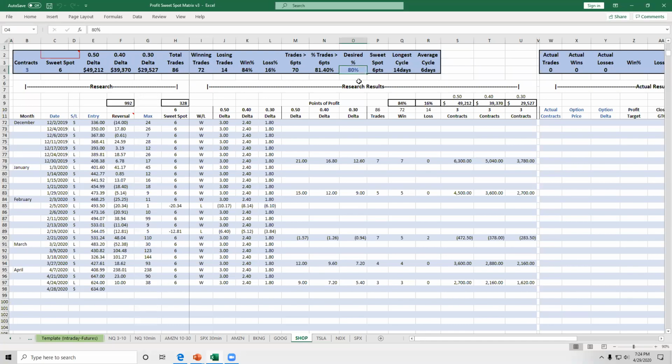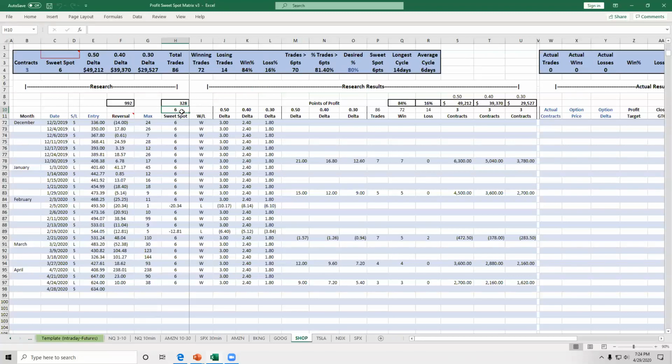And this is the key right here. If you're a trader that likes a fairly conservative approach, you may desire an 80% win rate. What that means is if you were to open a position, as an example on Shopify, and you bought to open a put, you set 80% in this header here, and it will calculate for you this number called the sweet spot.